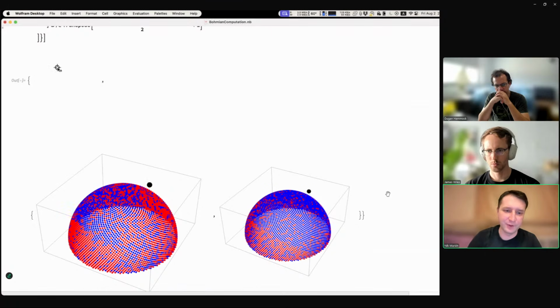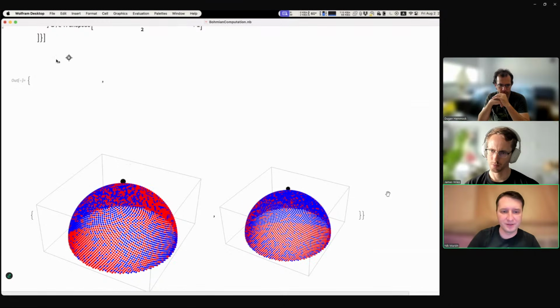Depending on which orientation you're looking from, it rotates either clockwise or counterclockwise, and the orientation flips when it crosses the spherical, I don't know how to call it, hemisphere or something.